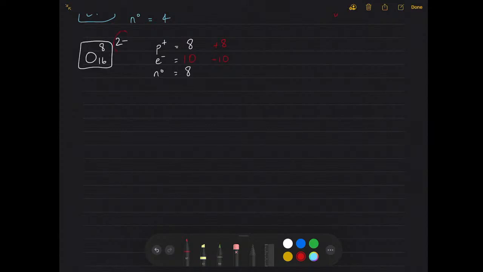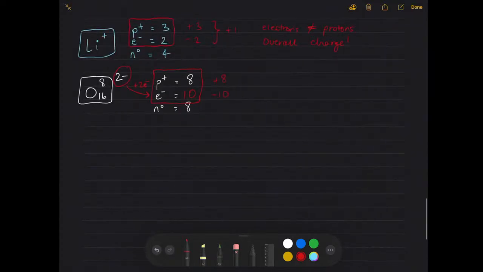So 2- actually means this oxygen atom has gained 2 electrons, which are negatively charged. So that is the correct number of protons and electrons in oxygen 2-. What would the electron configuration look like?